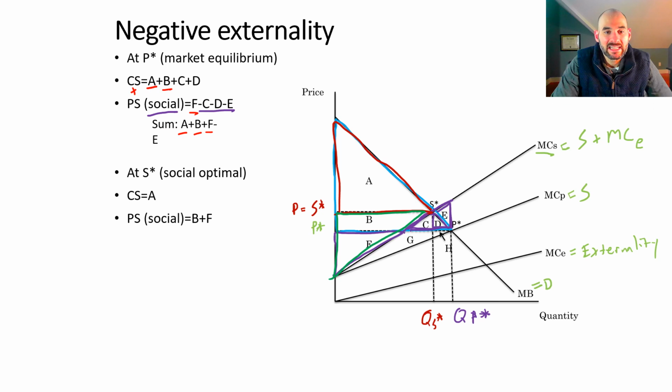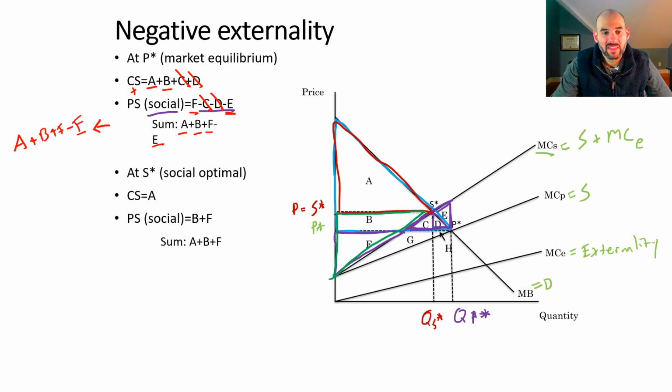However, C appears positively in consumer surplus and negatively in producer surplus. So does D. And E just appears as a negative, so we have to subtract out E. So our total welfare from the private market is going to be A plus B plus F minus E.